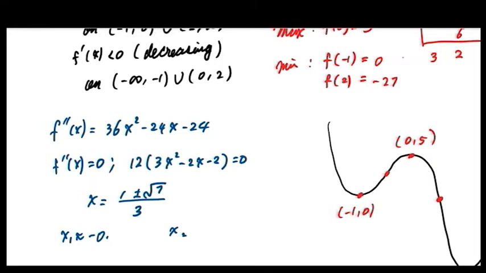Negative 0.548584. Whoa. Okay, approximately equal to and all. And tell me what x2 is then. 1.215250.